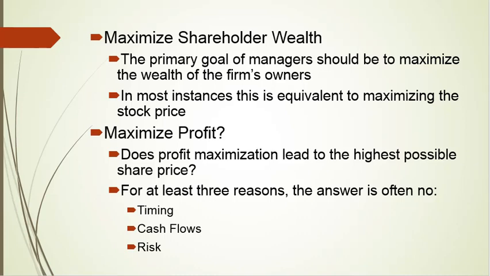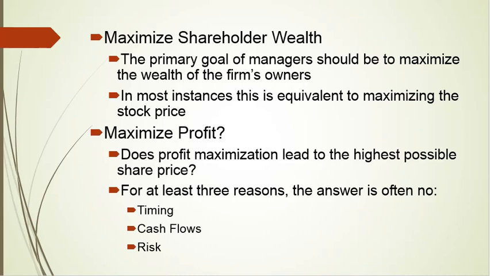Essentially, what this means is maximizing shareholder wealth means we should try to find ways to make the stock price go up. When you think about maximizing profit, a question we have is, does profit maximization necessarily lead to the highest possible share price?